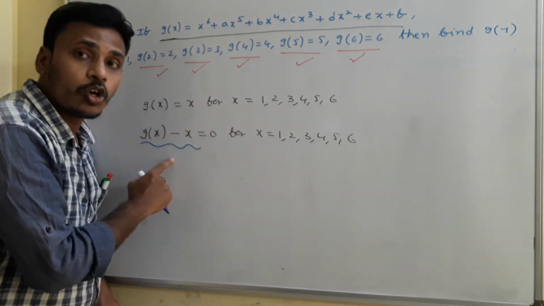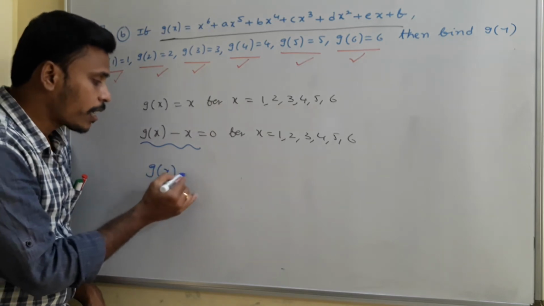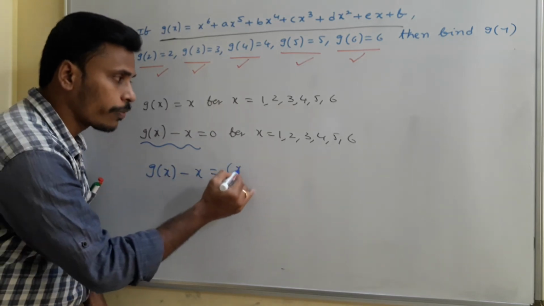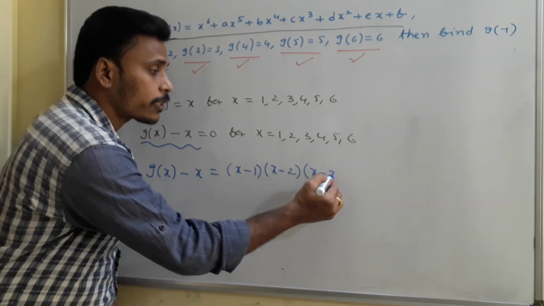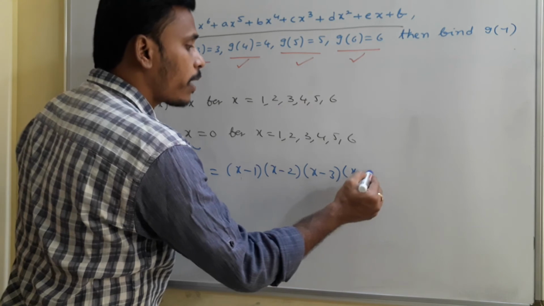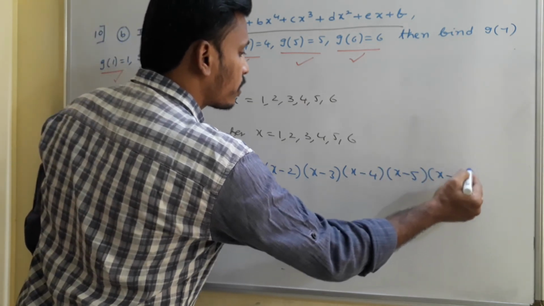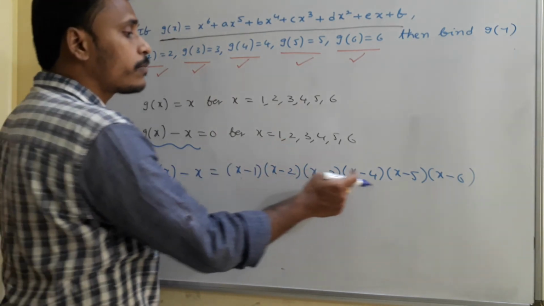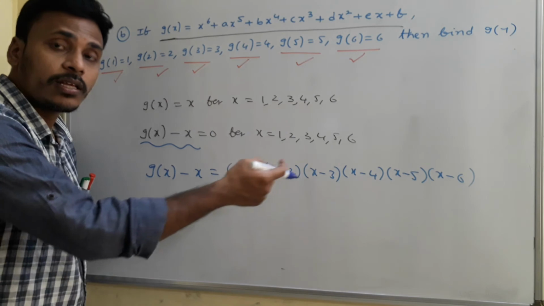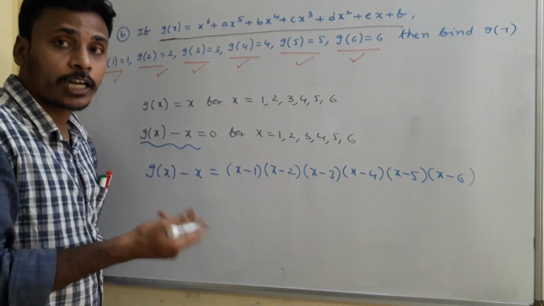Since they are the zeros, by factor theorem we will write that g of x minus x is equal to (x minus 1) into (x minus 2) into (x minus 3) into (x minus 4) into (x minus 5) into (x minus 6). Just because of the factor theorem, since they are zeros, all these terms are factors. Because all these are factors, we don't know whether they are the only factors or not.